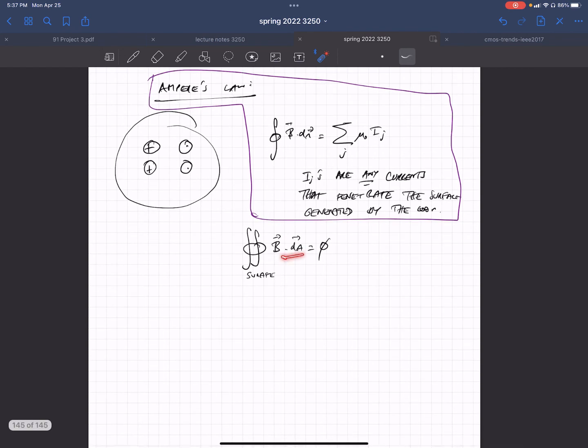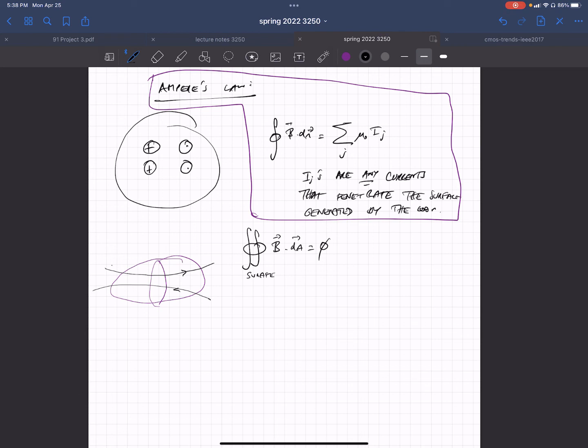But integrating over a closed surface, you always get 0. If you have any currents, they go in one place and come out the other, by the nature of currents, because currents have no starting or ending location.